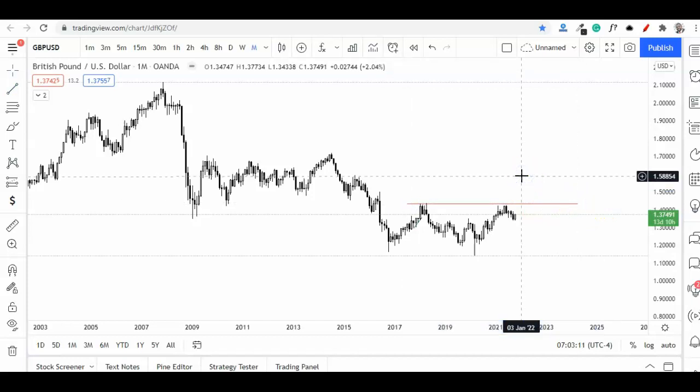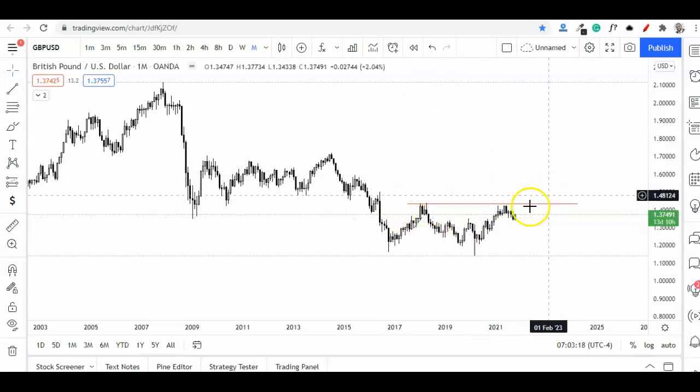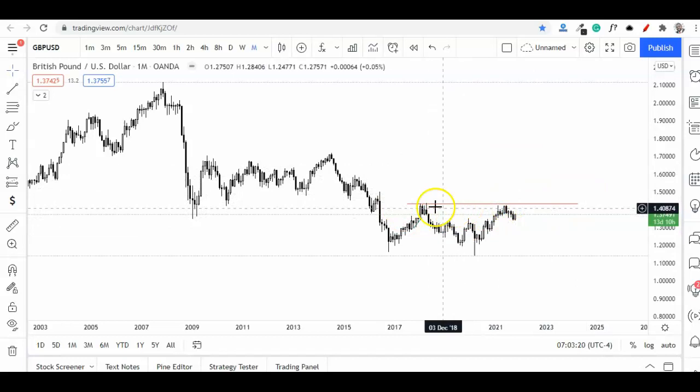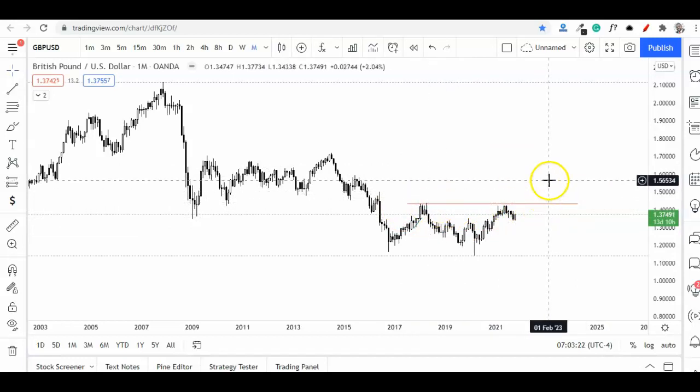So in this case, I will still be bearish on the pound until this line here, this structure here, is broken.